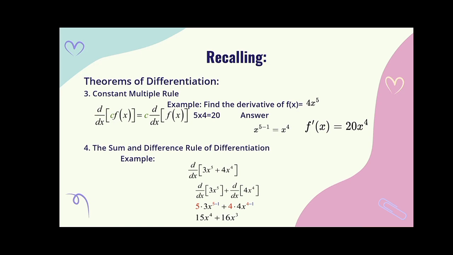Then we will subtract 1 from 4, which is 4 minus 1. Then it will become 3. So the derivative of 4x raised to 4 is equal to 16x raised to 3. So the derivative of the equation 3x raised to 5 plus 4x raised to 4 is equal to 15x raised to 4 plus 16x raised to 3.